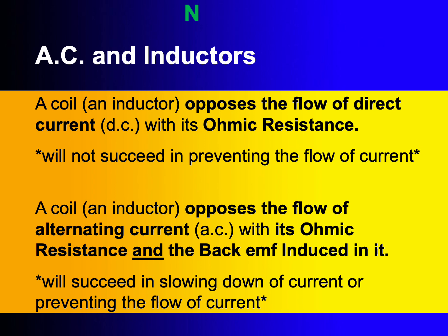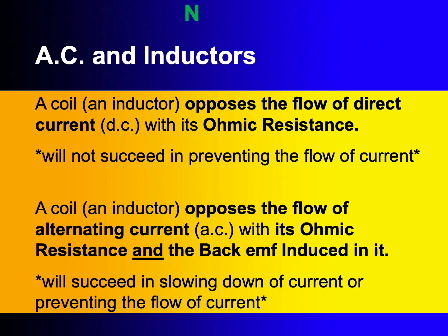It won't succeed in preventing the flow of current, whereas a coil or an inductor opposes the flow of alternating current with two things, with its ohmic resistance and the back EMF induced in it. And it can succeed in slowing down current or preventing the flow of current in some cases. So that back EMF there can have a significant impact.